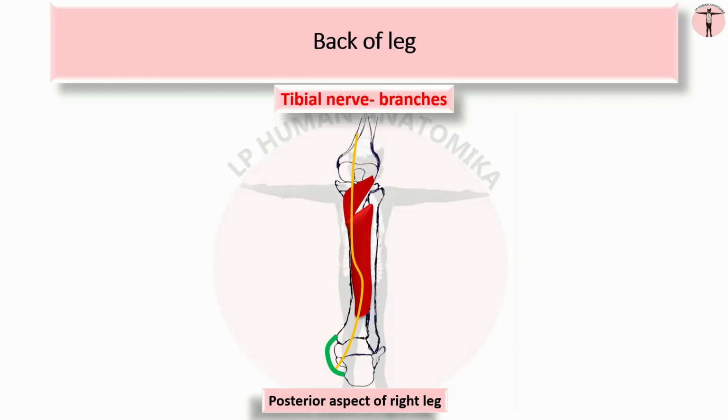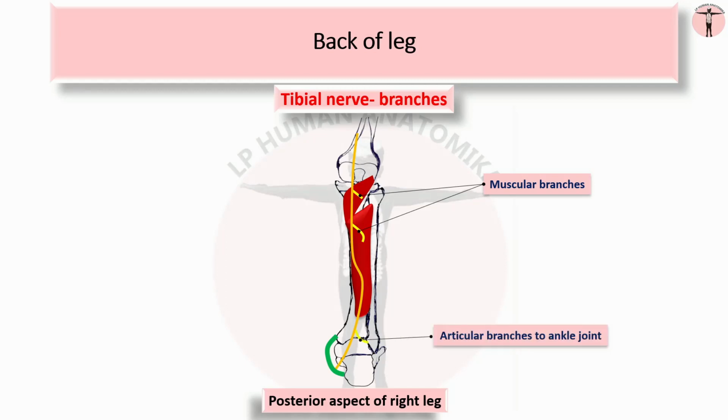Branches in the leg below the popliteal fossa. Muscular branches to the soleus, flexor digitorum longus, flexor hallucis longus and tibialis posterior. Articular branch to the ankle joint. Cutaneous branch, that is the medial calcaneal branch, supplies the skin over the medial surface of the heel.